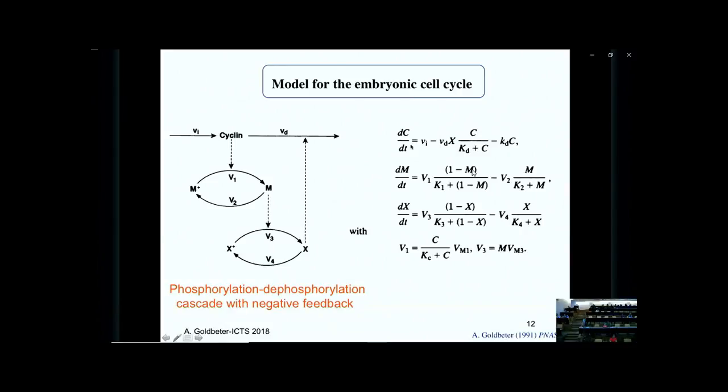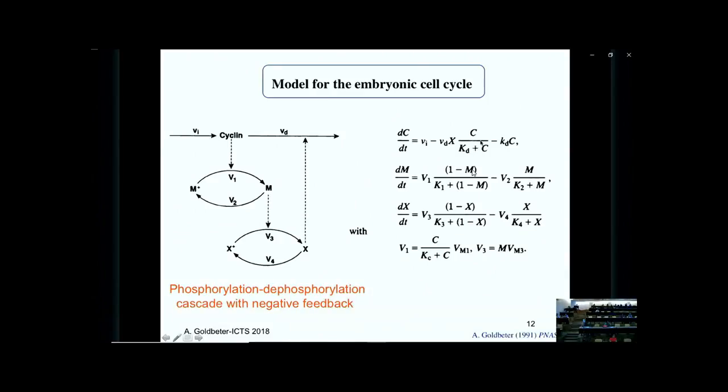So what are the three variables? The three variables are the cyclin concentration, C, the fraction of active CDC2, M, and the fraction of active protease, X. And these equations are not highly nonlinear. The highest nonlinearity is of the Michaelis-Menten type.